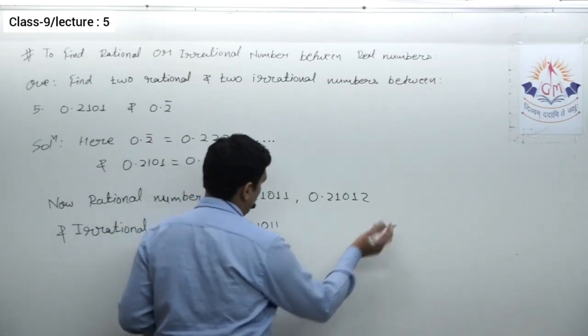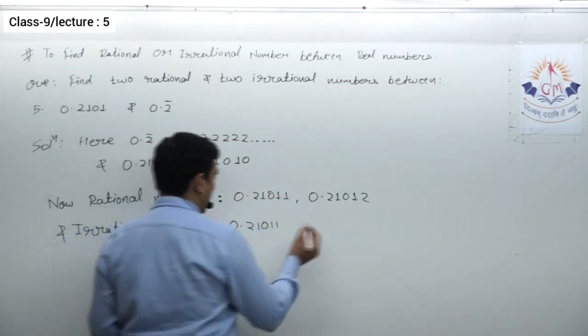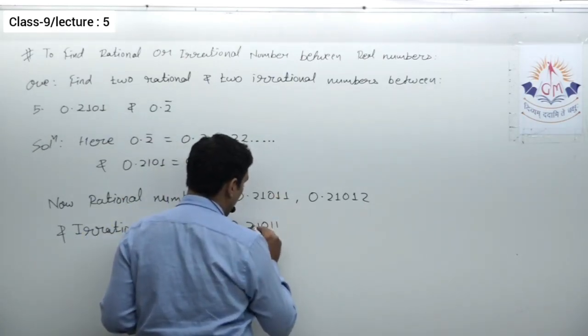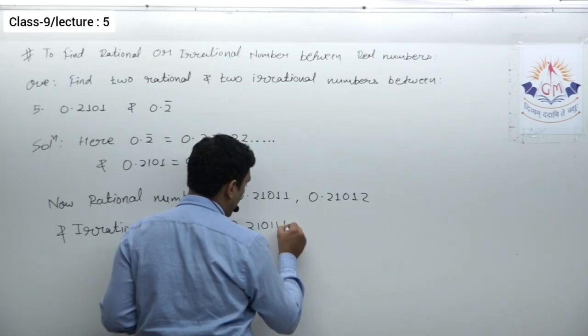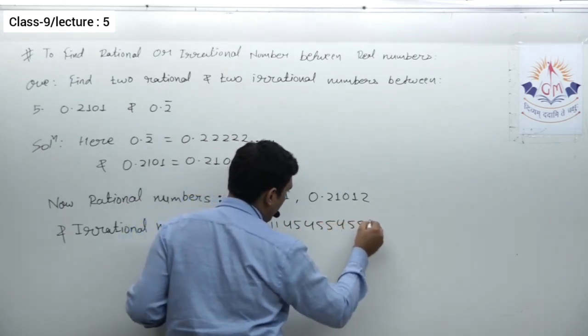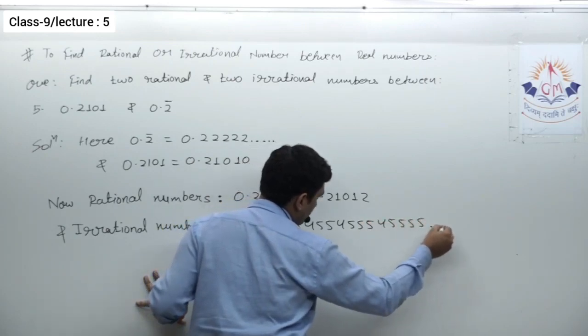To show that it is not terminating, we put 3 dots at the end of the last string. So 0.21011, then here I am writing 45, 455, 4555, 4 followed by four 5s, and so on.